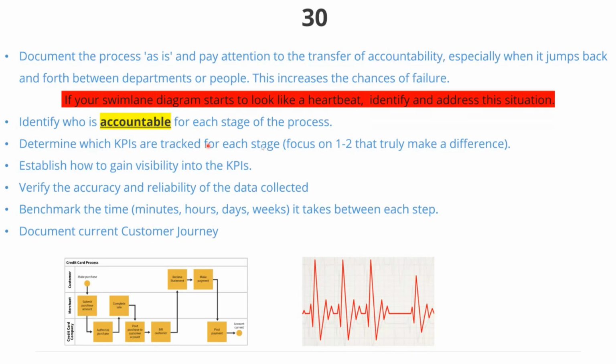Determine which KPIs to track for each stage. See what's being tracked. Does the person have a number or something they're trying to hit? If they don't have anything, again, great news. Write it down and move on, because we need to approach it. Assume every single person has some sort of KPI, even a mental one.